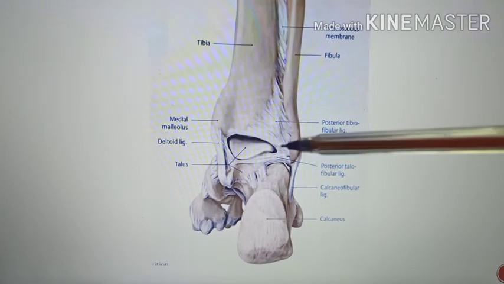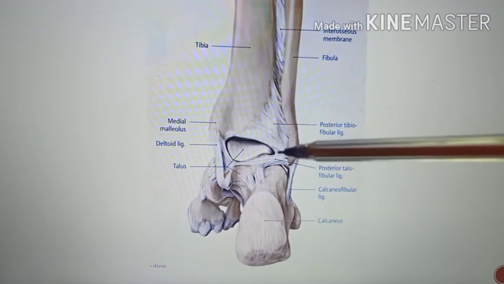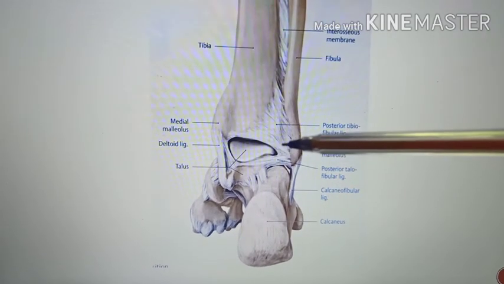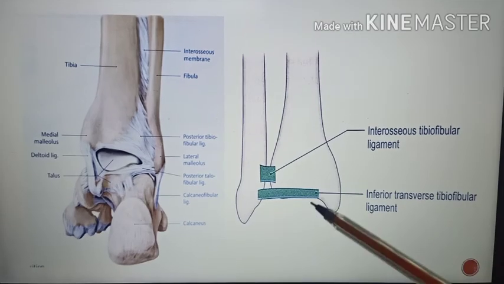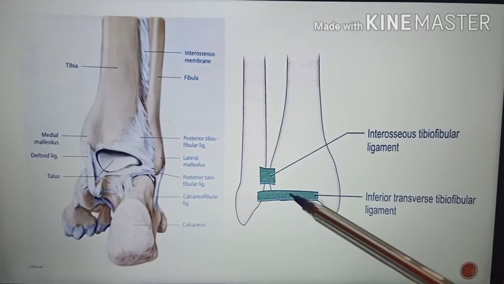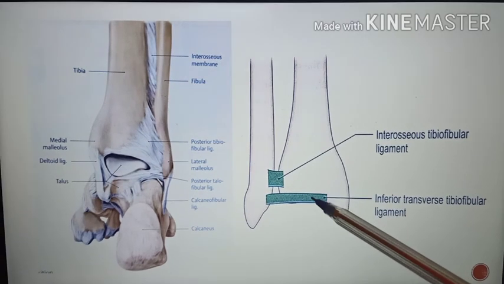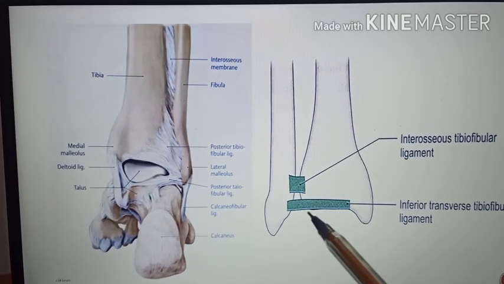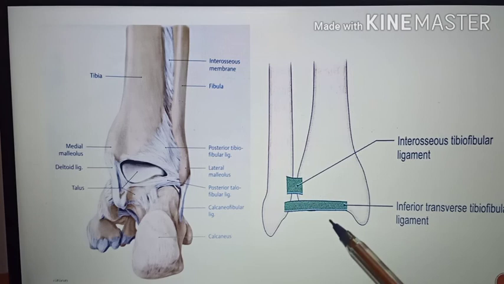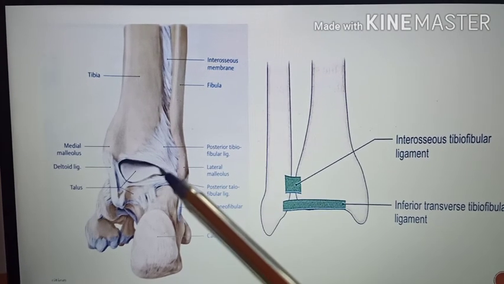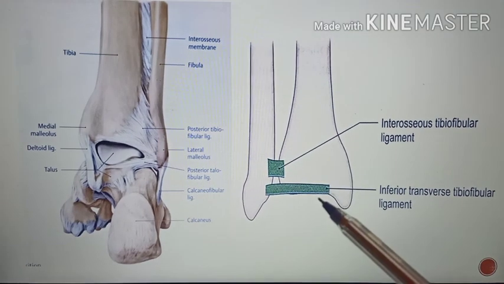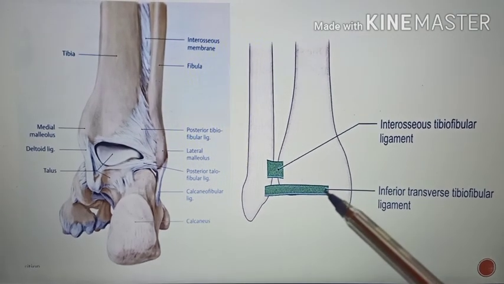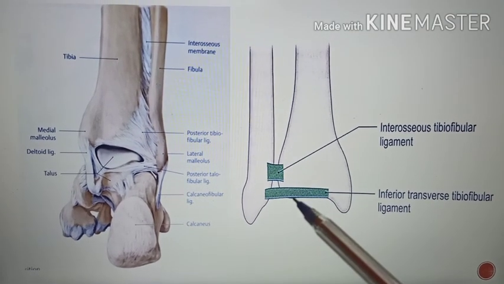Its lower and deep portion forms the inferior transverse tibiofibular ligament. You can see here the inferior transverse tibiofibular ligament. It is formed from the lower and deep portion of the posterior tibiofibular ligament.